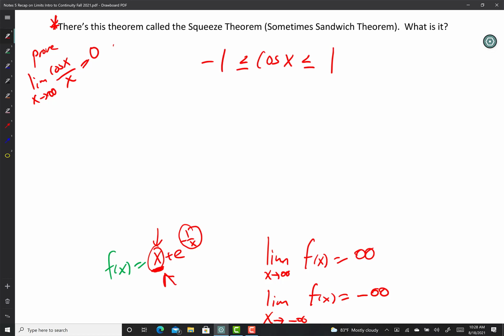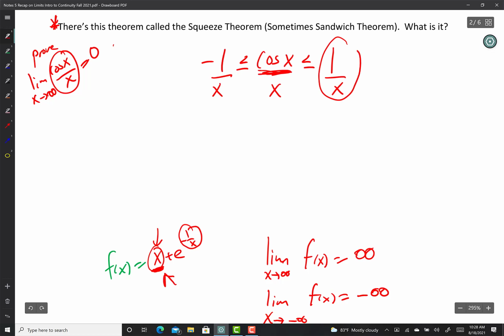If you wanted to use sandwich theorem, notice, just like a sandwich, that cosine x is in the middle. I divide by x, divide by x, divide by x, because that's what we're trying to prove, cosine x over x. If we can prove that the right side converges to 0, and we can prove that the left side converges to 0, then by sandwich theorem, or squeeze theorem, because we're squeezing it in, the center one must also converge to 0.